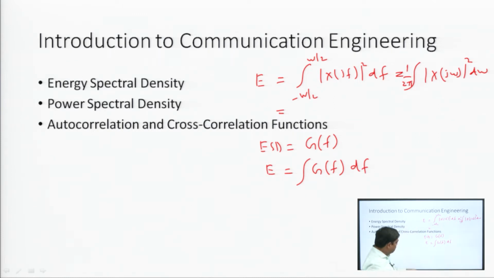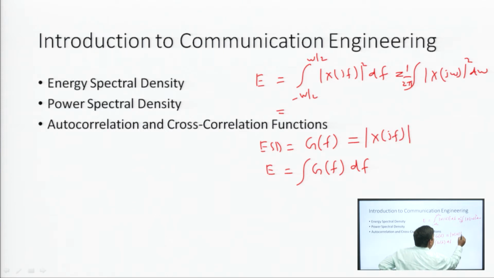Now, if we equate this, then the energy spectral density G(f) is nothing but mod of X(jf) squared. This is the energy spectral density.